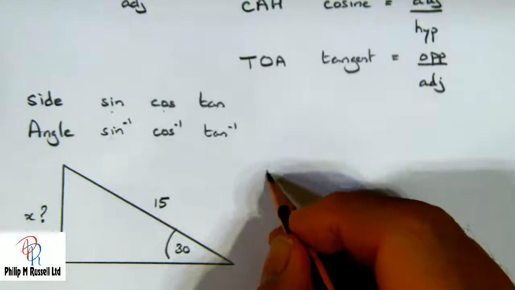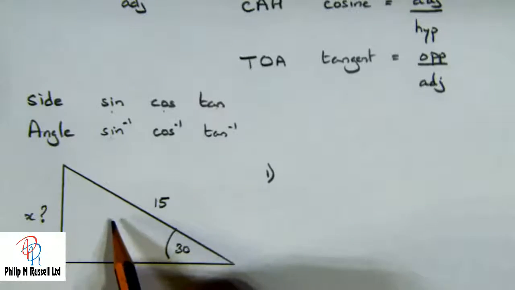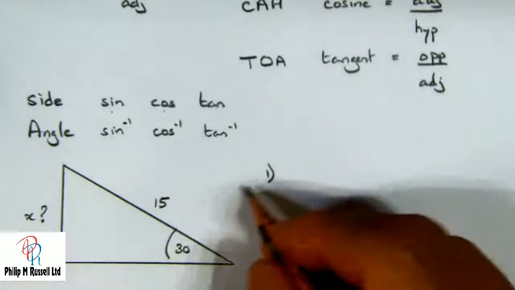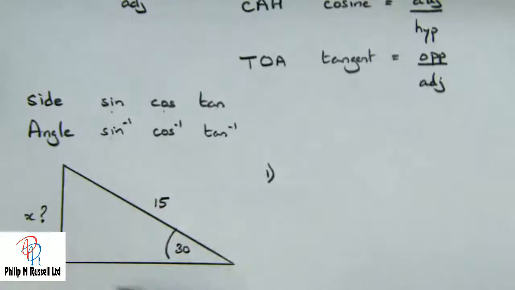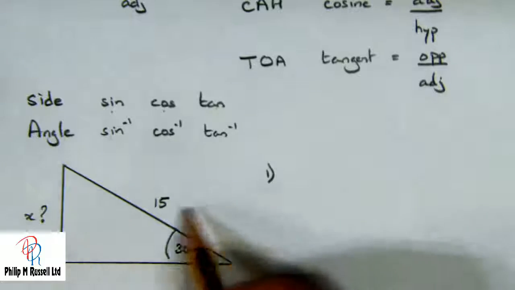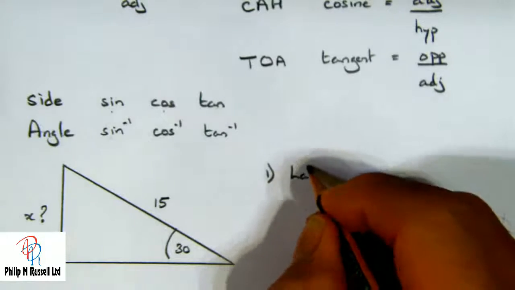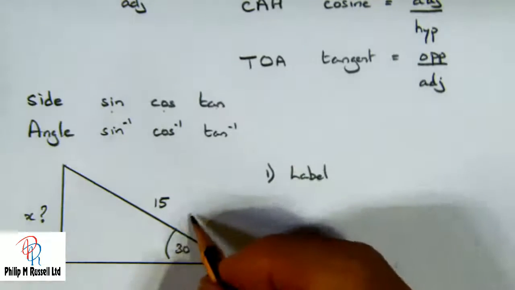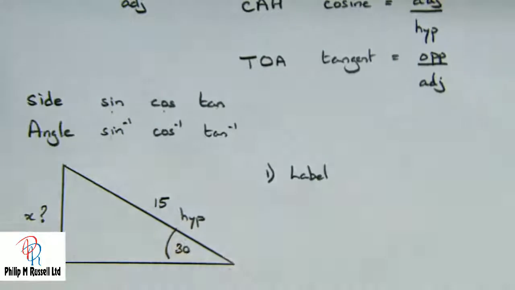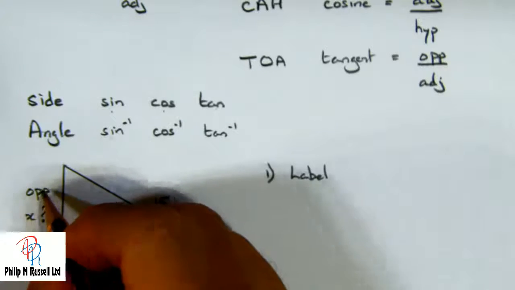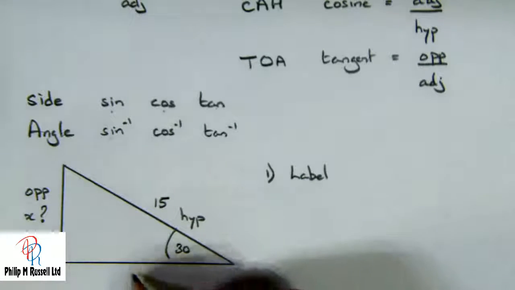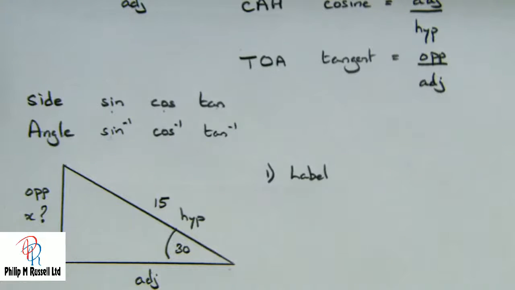My first stage when I do this, having drawn the triangle, that will come in the paper usually, or the question. So the first thing we're going to do is label it. We're going to put in the hypotenuse, we're going to put in the opposite, which one is opposite the angle, and we've got the adjacent. Now what I want to do is work out which one I'm trying to do.